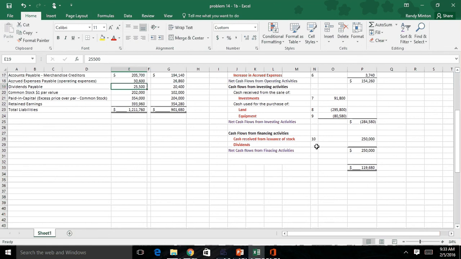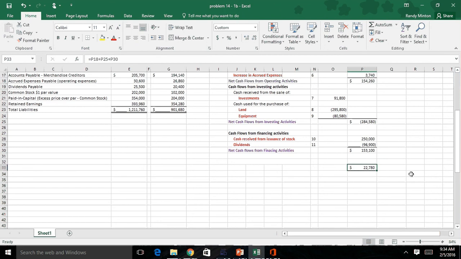So if I do that, and I'll designate this as 11, it shows us a use of cash of only 96,900, even though we declared 102,000, because we still have $5,100 of that sitting on the books at the end of the year.